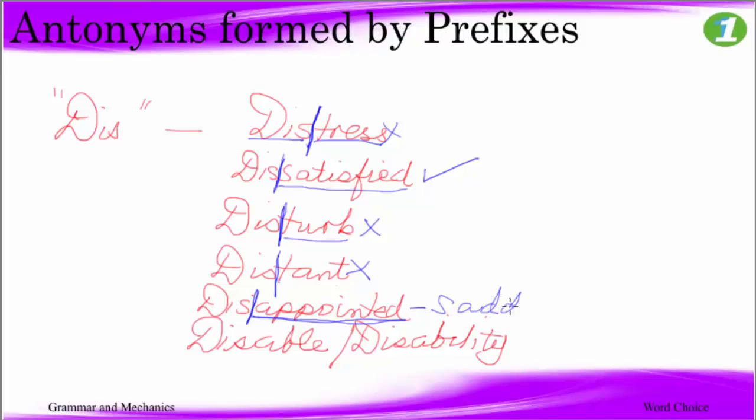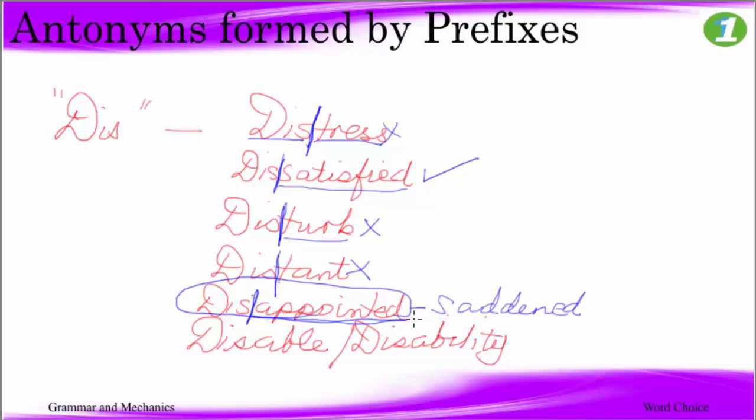We're saddened by something. Something did not happen the way we wanted it to, and it saddens us. We're disappointed. Remember now that appointed means to give a title to someone. So obviously this is not going to be an antonym. It's a whole word all by itself.